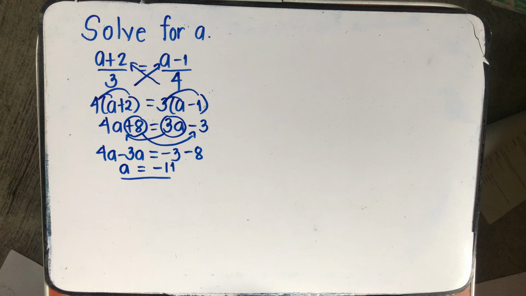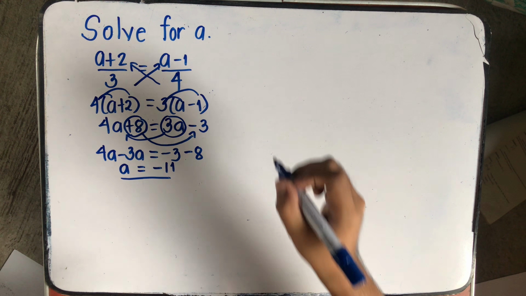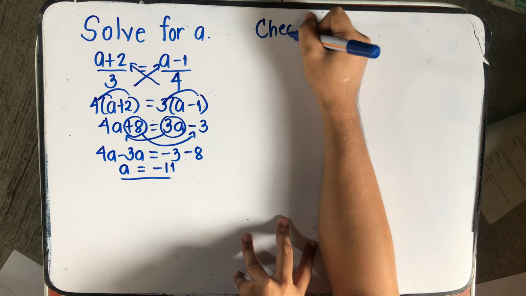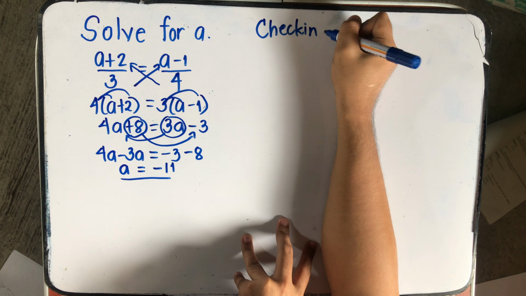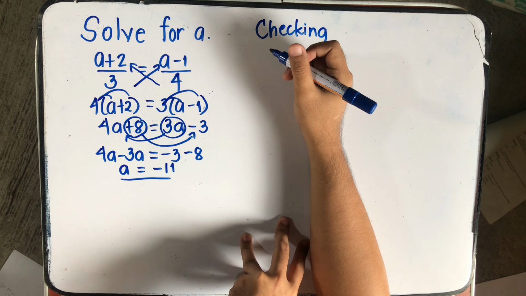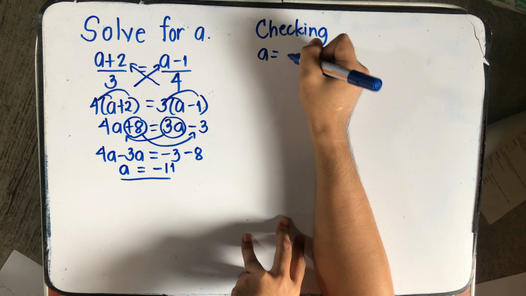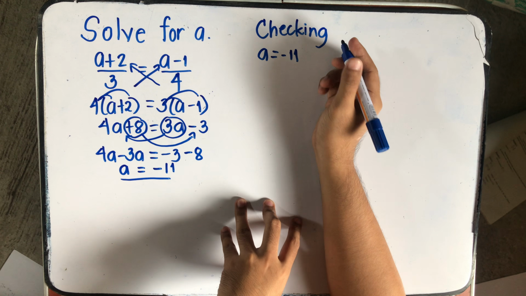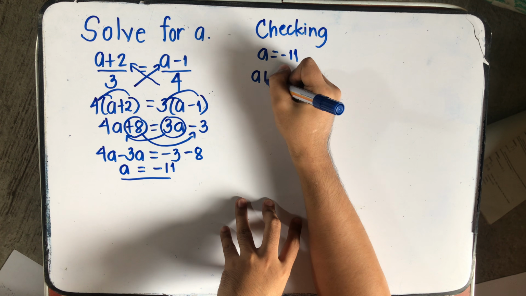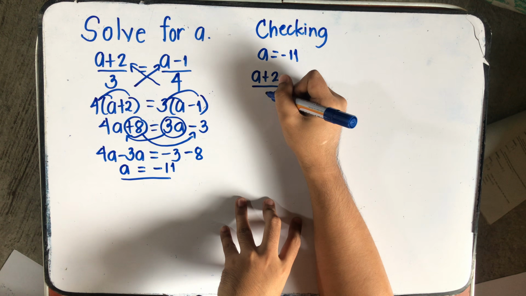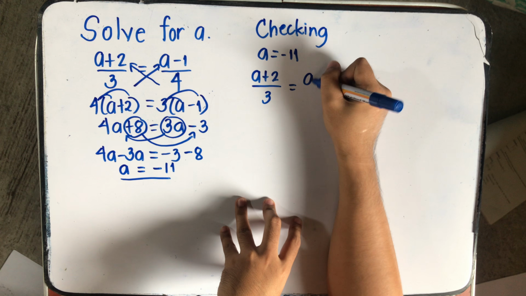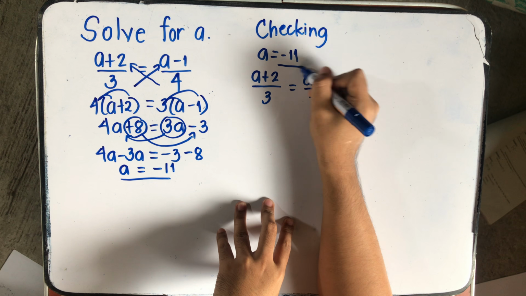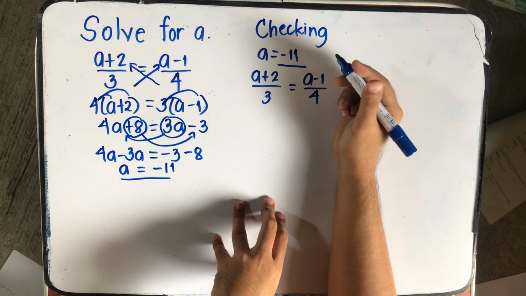So if a is equal to negative 11, let us try to check. In checking, let us know if negative 11 is really a solution of the rational equation. If a is equal to negative 11 and the equation is (a + 2)/3 is equal to (a - 1)/4, let us substitute negative 11 to all the values of a.